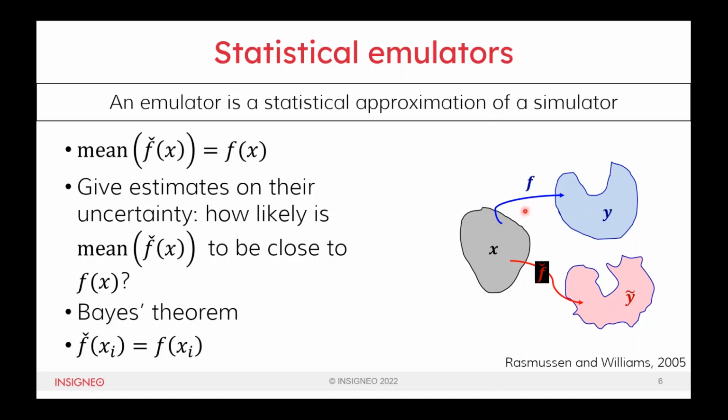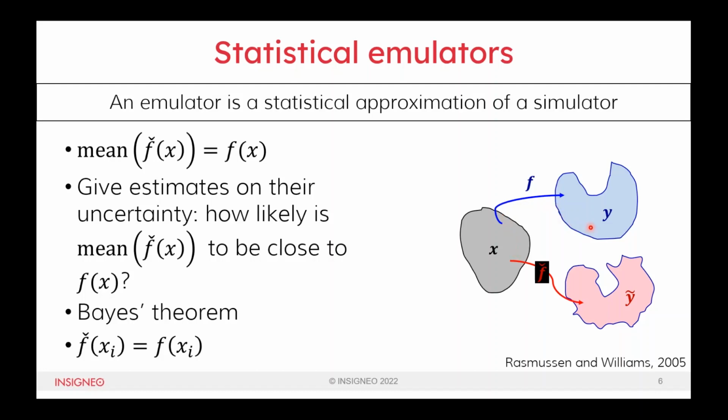Applying f to the input space is actually performing the simulation with the computer. And what f does is map the input parameter space x into some output space y.